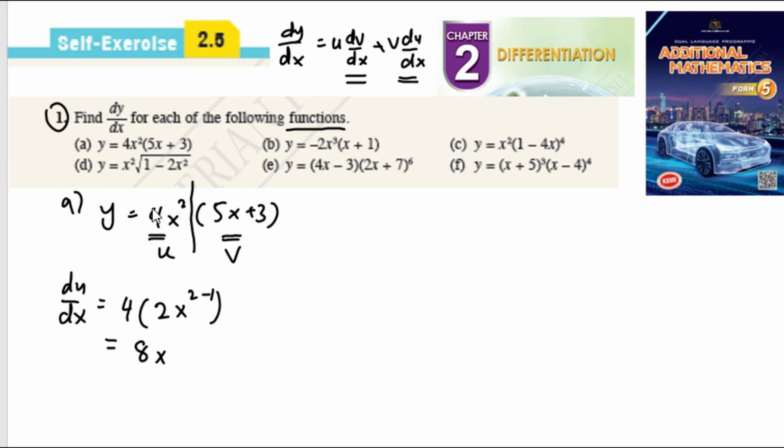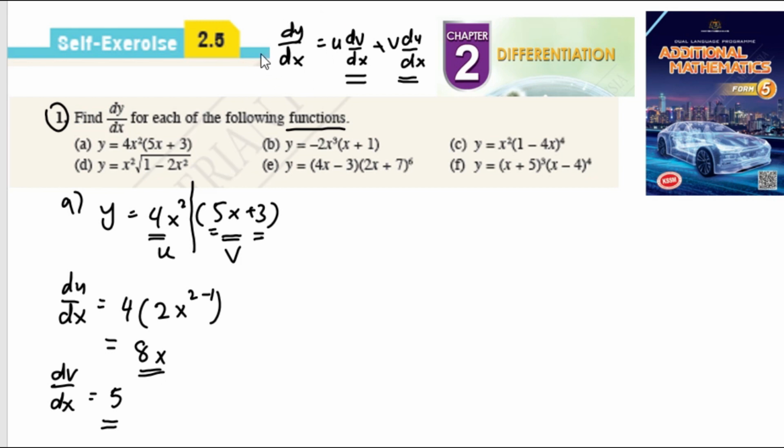Okay, that's du over dx, 8x. Now we have to find dv over dx. This one is 5x plus 3. Differentiating the one with x, we get the constant, which is 5, and differentiating the one without x is 0. So dv over dx is equal to 5.